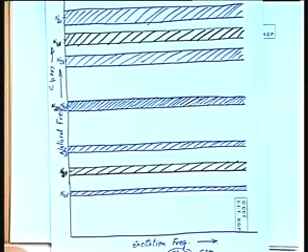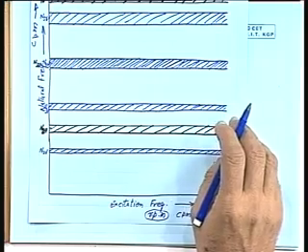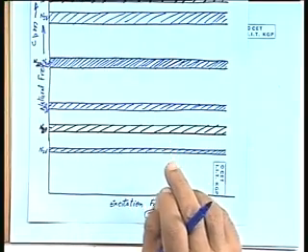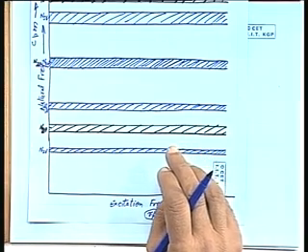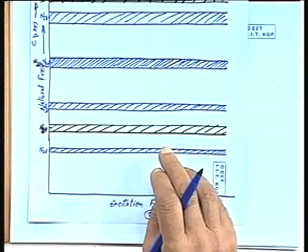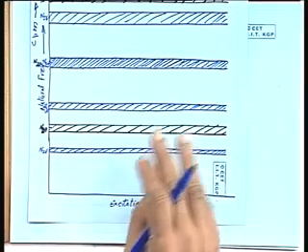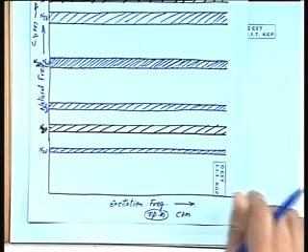Now, let us try to talk about the excitation frequency. Let us first talk about the engine frequency. If the engine is running at 0 RPM, it will excite a 0 frequency. If it is running at 10 RPM, it will excite 10 frequency. Now, this side is the natural frequency and this side is the RPM.